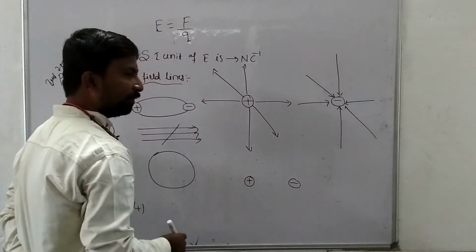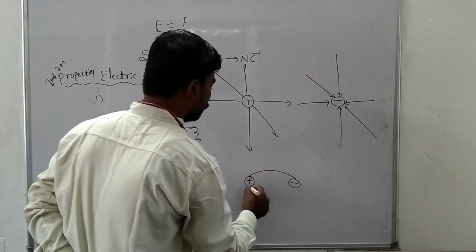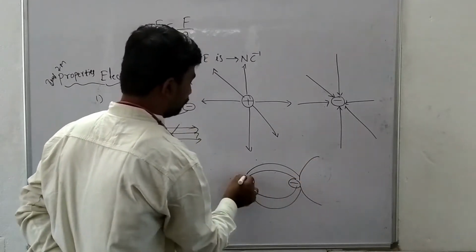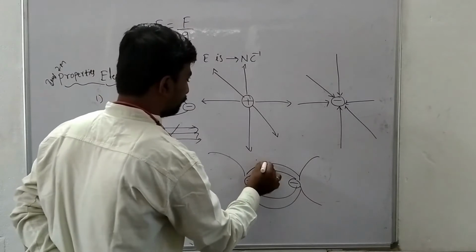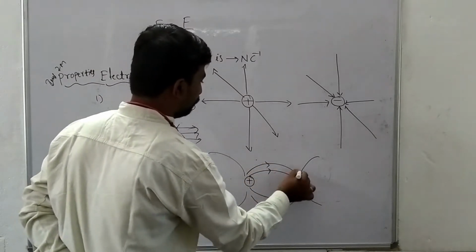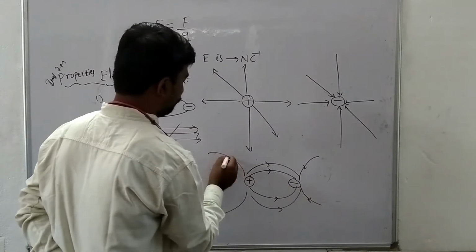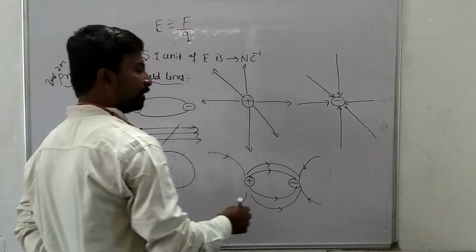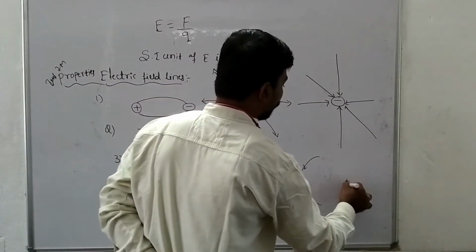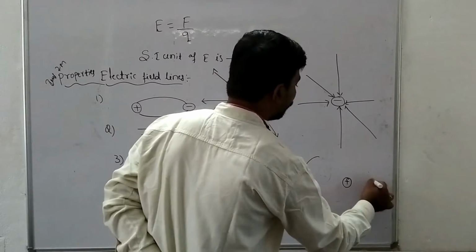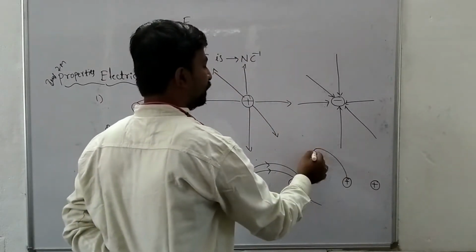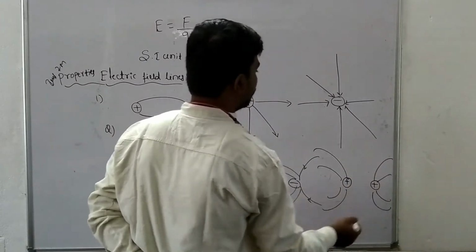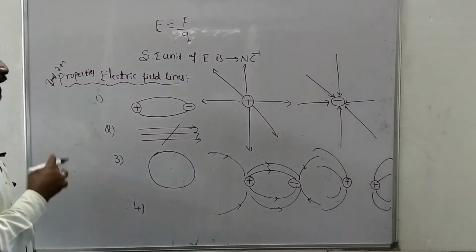Then draw the electric field lines around two equal positive point charges. So these are the properties of electric field lines.